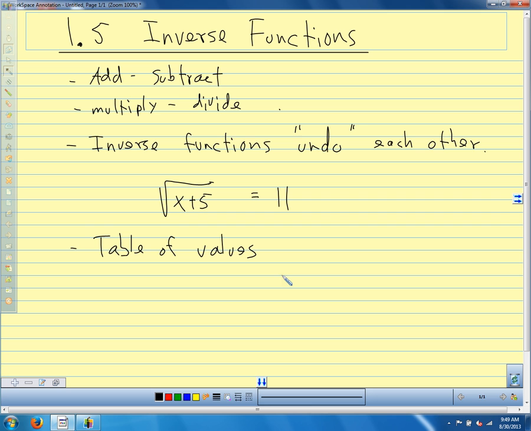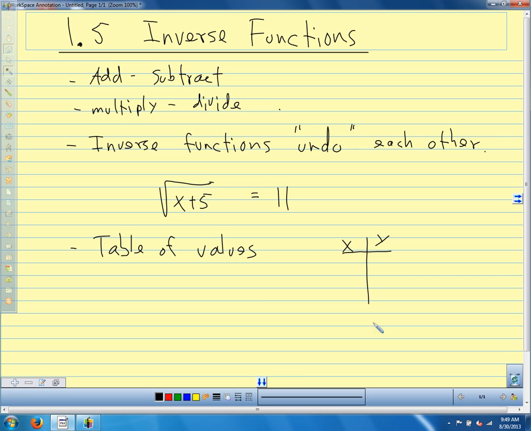If we have a function that's defined by a table of values, what does the inverse function look like with the table of values? What does it do to the table of values? So if we have our x, our t chart, and y, we have our x's and y's listed out. How do we find the inverse function from a table of values?